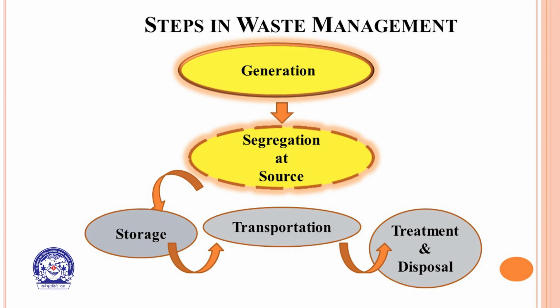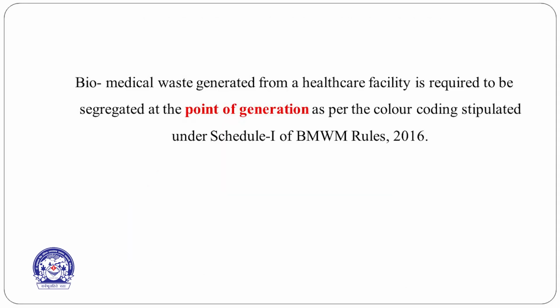Then comes storage, transportation, treatment and disposal. Now in detail we will be discussing segregation at the source. Biomedical waste generated from a healthcare facility is required to be segregated at the point of generation as per the color coding stipulated under Schedule 1 of Biomedical Waste Management Rules 2016.